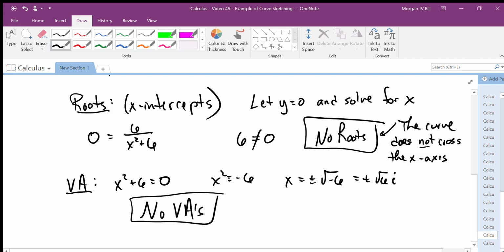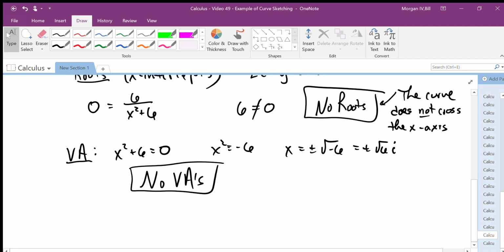So no roots, no vertical asymptotes. How about horizontal asymptotes? VA here, vertical asymptote, again, that occurs when the denominator is equal to 0.